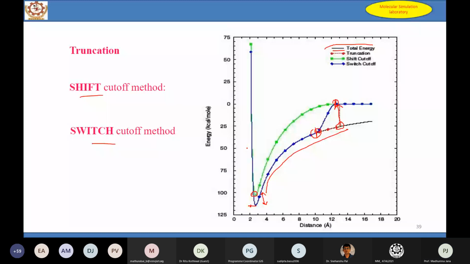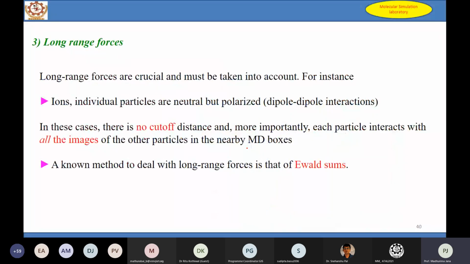That is the reason we have to choose the method very, very carefully. Now, other than this, another very important thing we have to handle is the long range forces. For ions, or individual particles which are neutralized but polarized, where dipole-dipole interaction is there, we should not put any cutoff distance, because each particle will interact with all the images in the neighboring boxes.